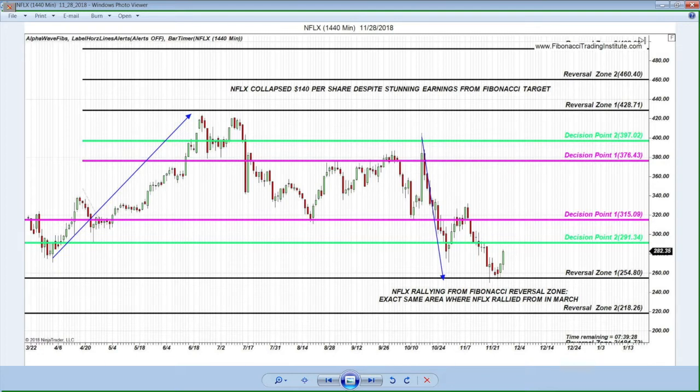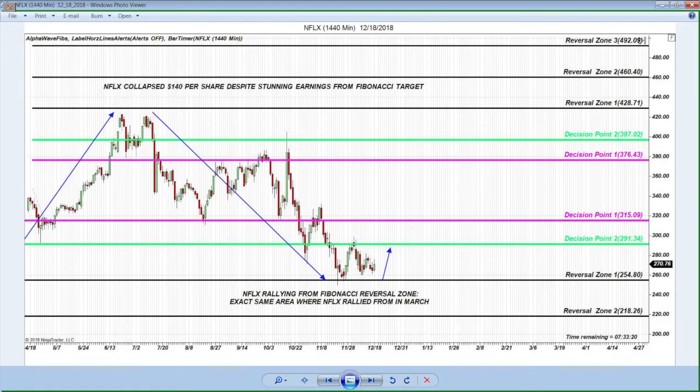Of course. Market is flawless Fibonacci puzzle. That is exact identical dance that S&P had done this week as Netflix rallied from Fibonacci reversal zone. What was the problem this year?